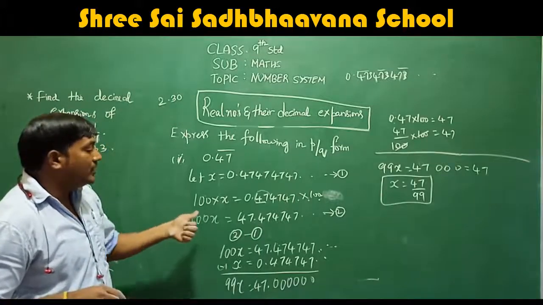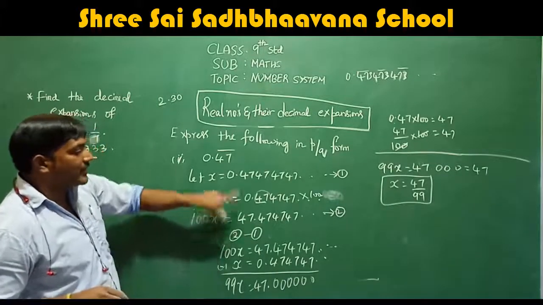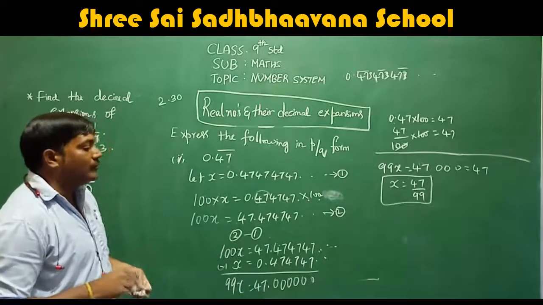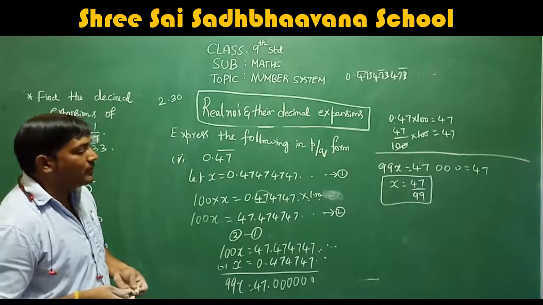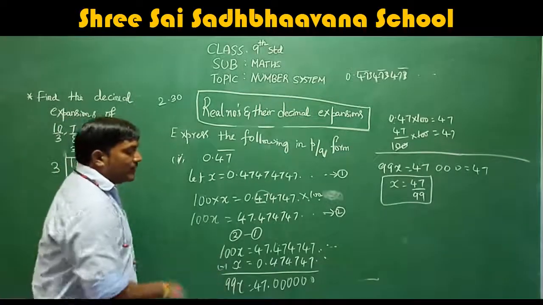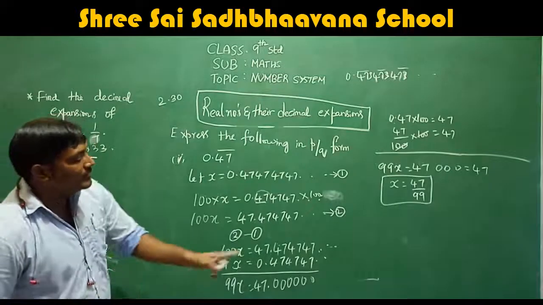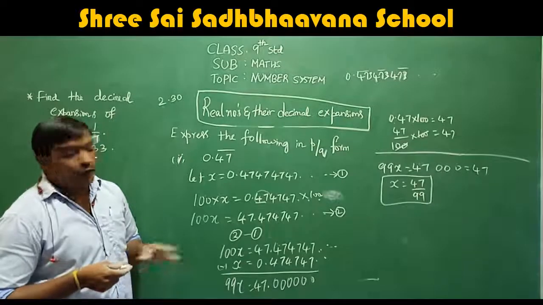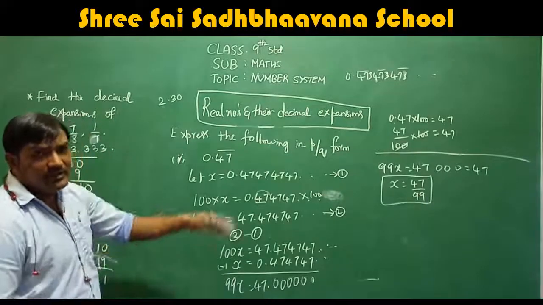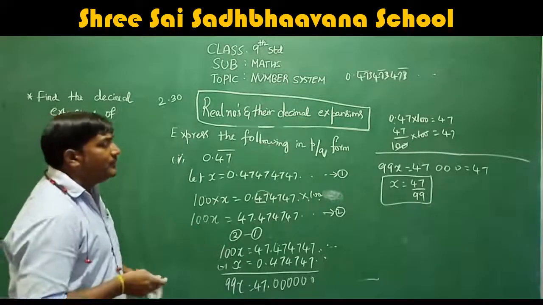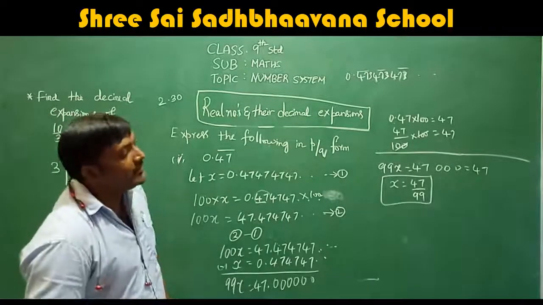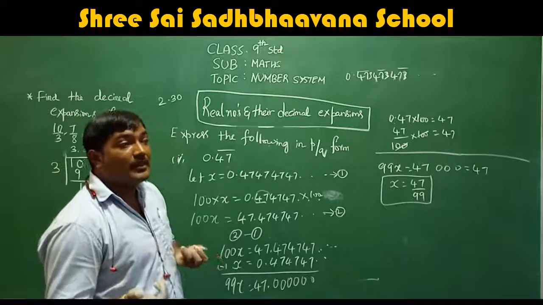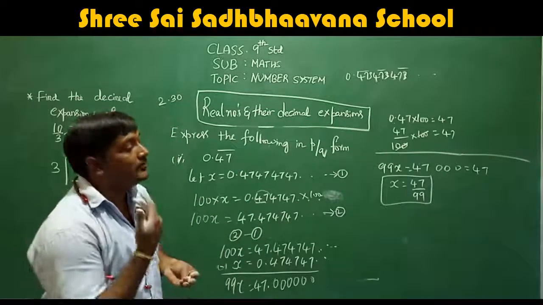So here, when you subtract equation 2 minus 1, 100x minus x, with 47.4747 and 0.474747, you will get 99x is equal to 47 minus 0, which is 47, and the same repeating number subtracted from the same number gives 0. So 99x is equal to 47.000. 47.00 is the same as 47, even if you put 100 zeros.